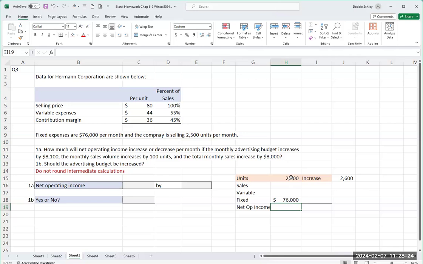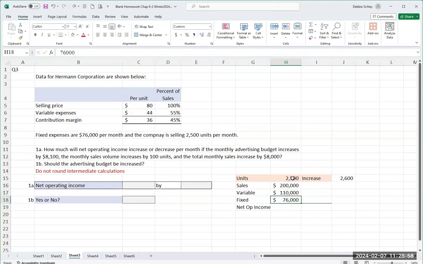So the first thing I need to do is figure out these other numbers for my original net operating income, because I can't figure out what the increase or decrease is until I know where my starting point is, and then I can do my changes. For sales, you just do the selling price times the units, and then the variable expense per unit times the units.